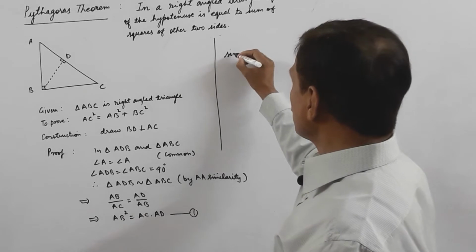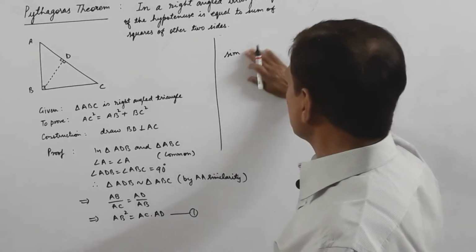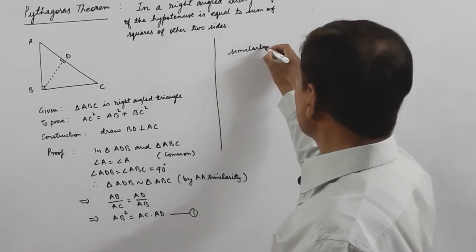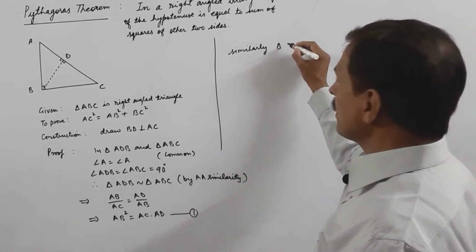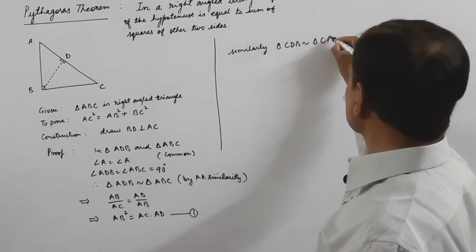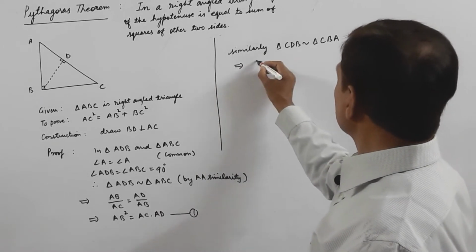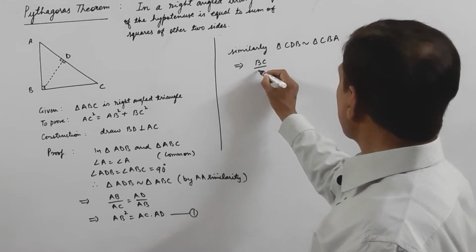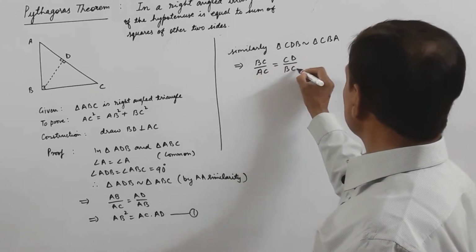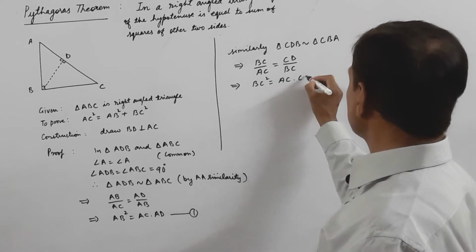Therefore, we can say similarly, triangle CDB is similar to triangle CBA, implies BC upon AC is equal to CD upon BC, which further implies BC square is equal to AC dot CD.